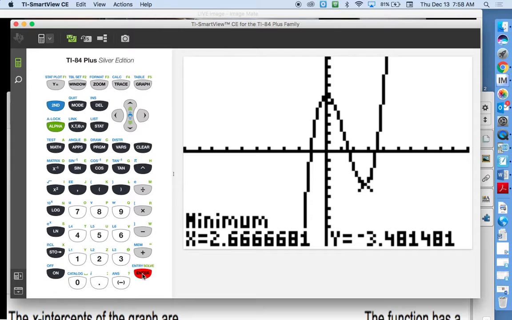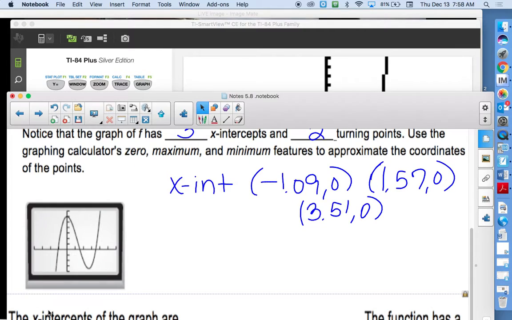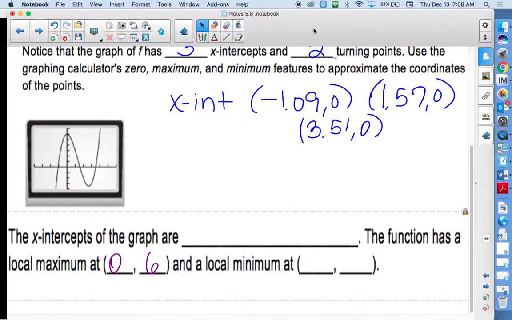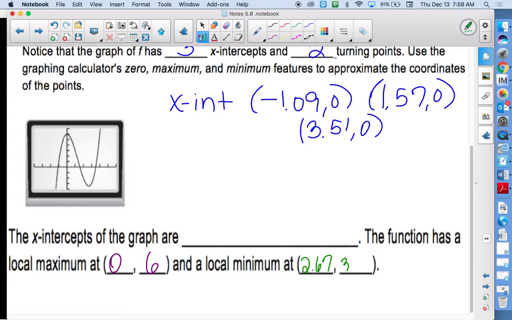So it looks like 2.67 and 3.48. Two decimal places is always a good thing to use. Instead of just totally rounding it to a whole number or even to one decimal place, it's a little more precise if we have 2 there.